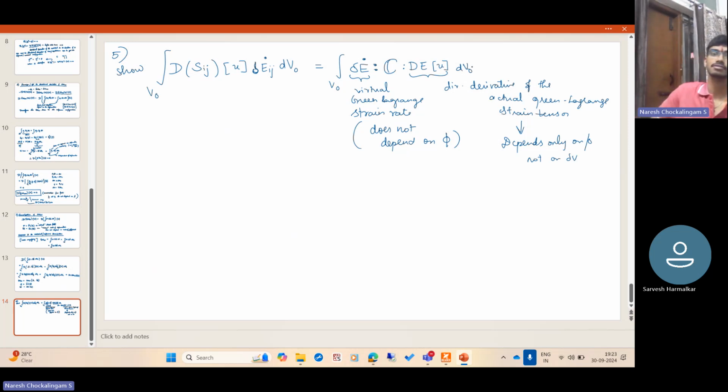So this can depend only on u, irrespective of whatever virtual field we are assuming. It depends only on the actual motion, the actual deformation. So let us show this. This is simple. Use the definition of the material elasticity tensor.